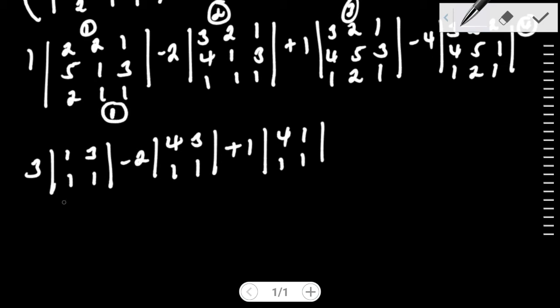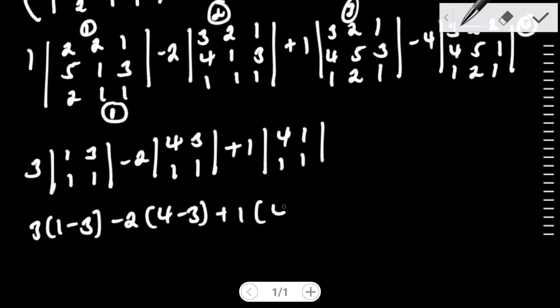So this is 3 into 1 minus 3, minus 2 into 4 minus 3, plus 1 into 4 minus 1.